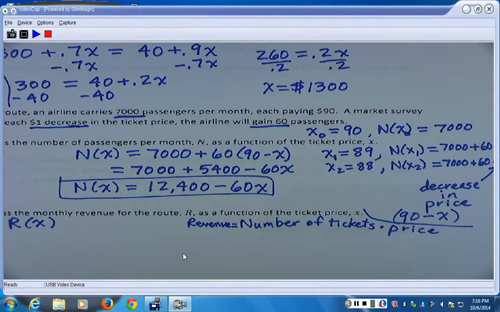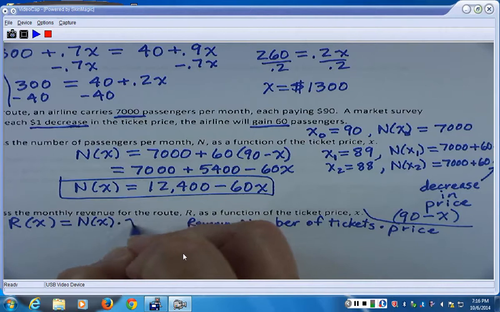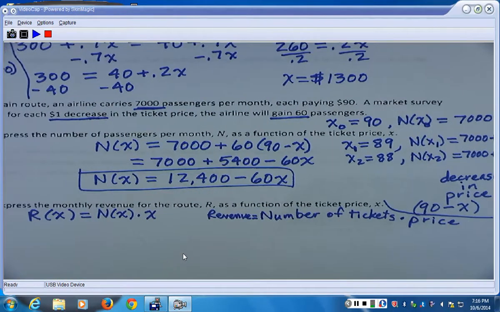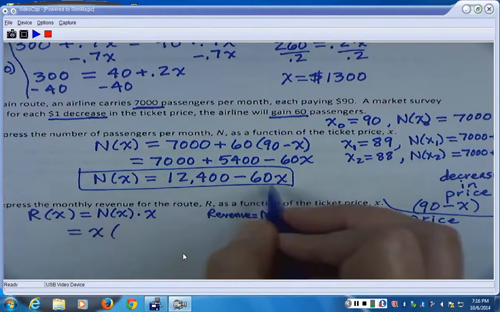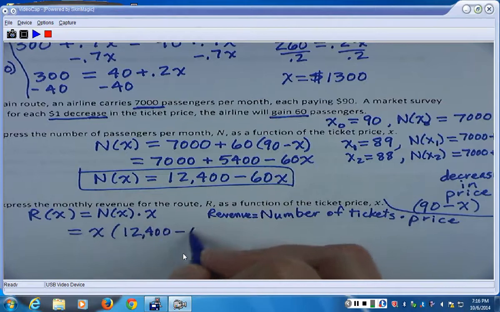Okay, so revenue is going to be n of x times x. And I really want to put the x in front of this function, 12,400 minus 60x.